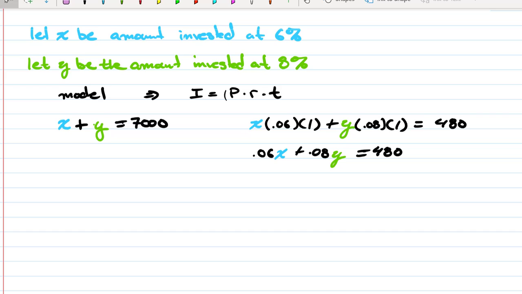So I need to eliminate a variable. So I have a positive 0.06x and I have an x.